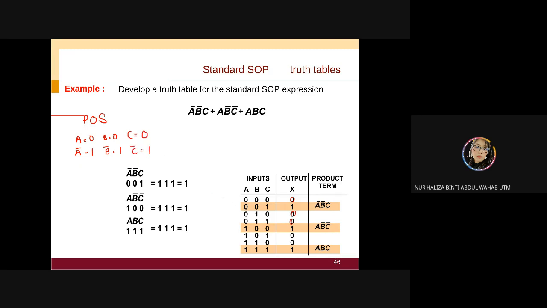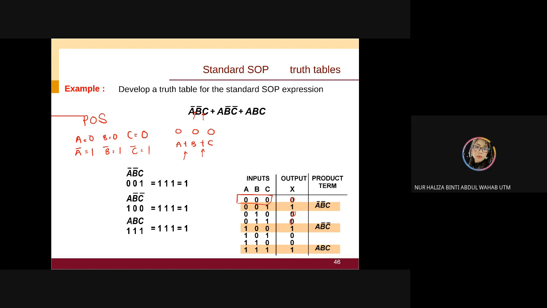So here, for example, you have 0, 0, 0. What is your answer? A plus B plus C. It's going to be plus, not multiply like SOP, because you already know the standard of how SOP and POS look like.